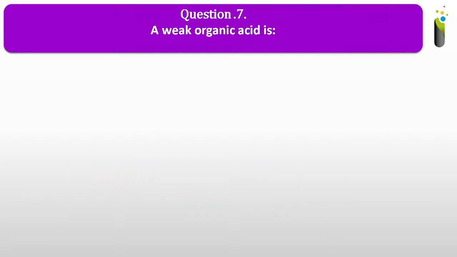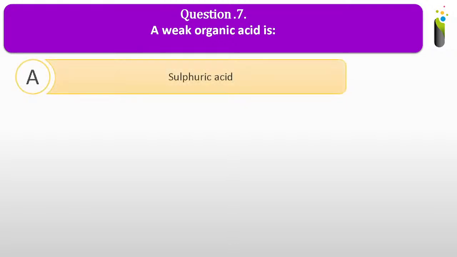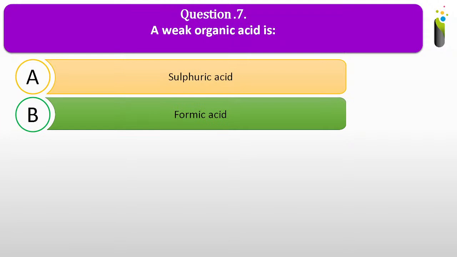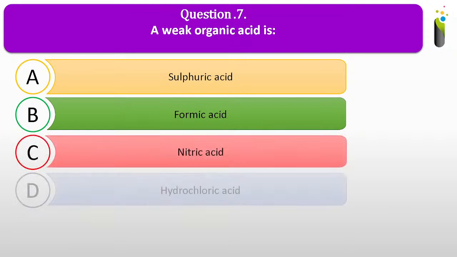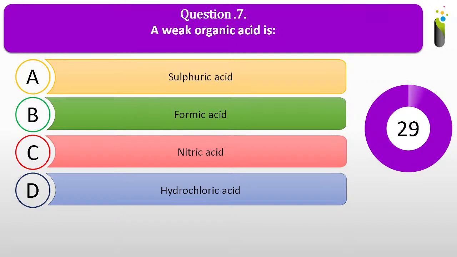A weak organic acid is dash. A. Sulfuric acid. B. Formic acid. C. Nitric acid. D. Hydrochloric acid.